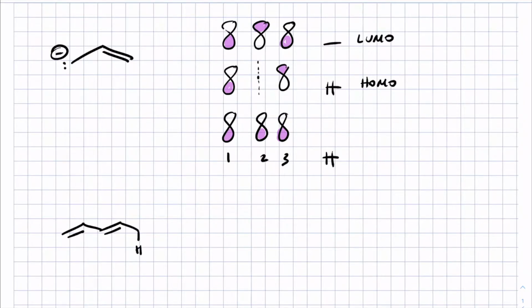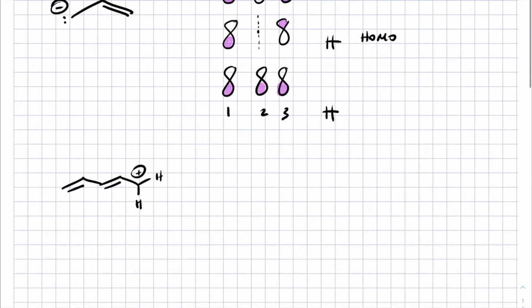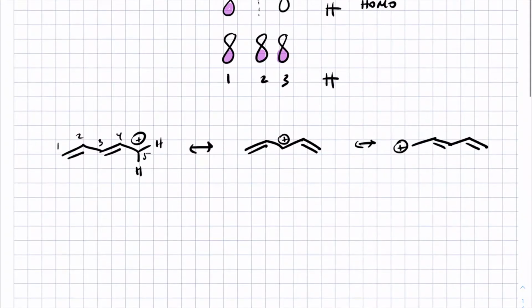This may have been a test question in previous years. This molecule has lots of resonance structures available to it. One of them puts the positive charge on atom 3. Another one of them would put the positive charge on atom 1. And now I will draw for you the pi orbitals of this molecule.